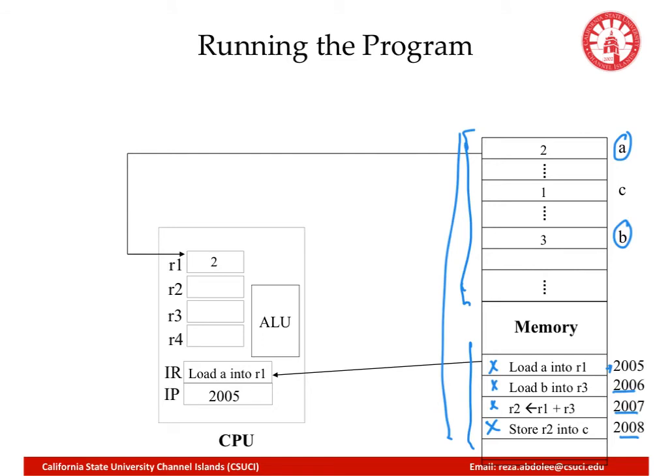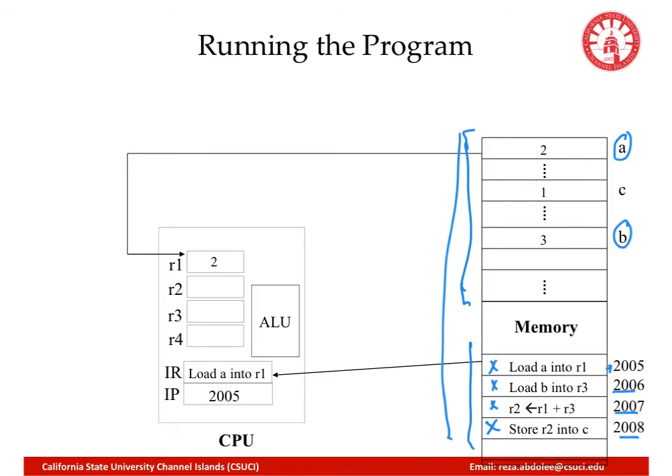So A and B and C are addresses or variables. In high level language, we call them variables. And in assembly, basically, these variables are the pointers referring to a location within the memory.